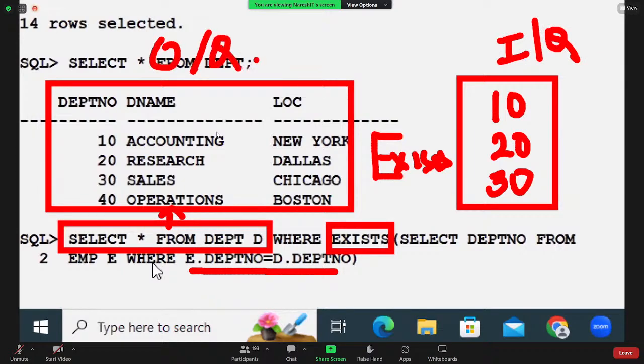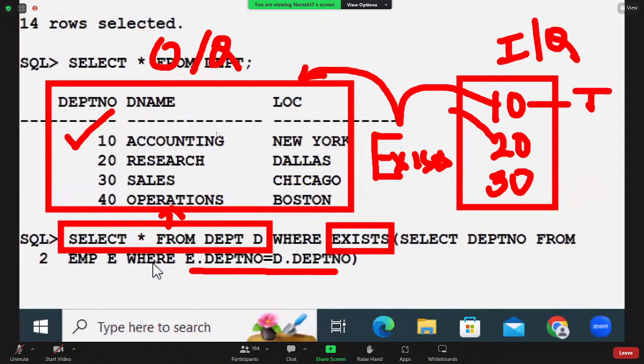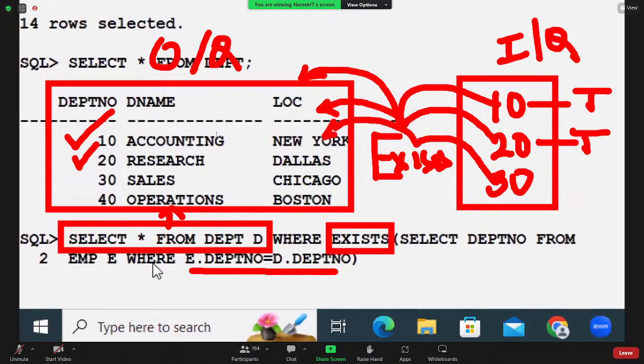Now check it out. Now the inner query values. Is 10 existing in this table or not? Existing. So it returns what? True. 20 was existing in this table. Yes, existing. So it also returns true. Is 30 existing in this table? Yes, existing.